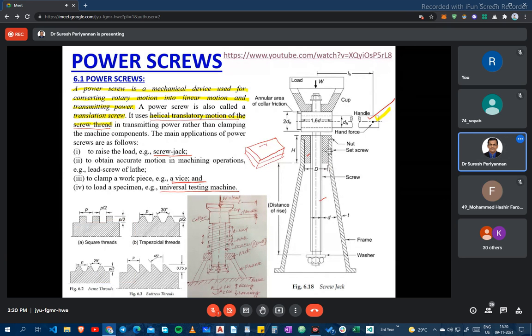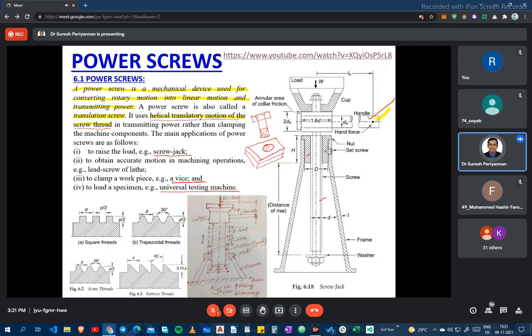Bolt and nut. Here we are using it to join or fasten the two components.